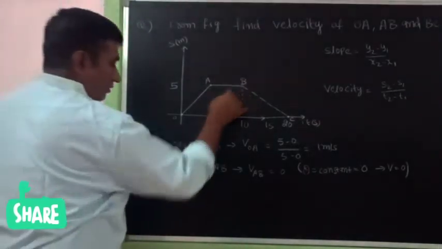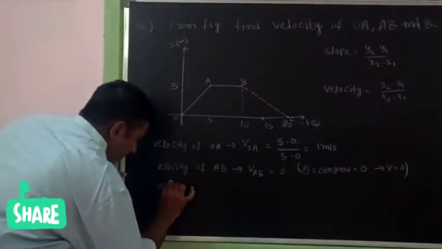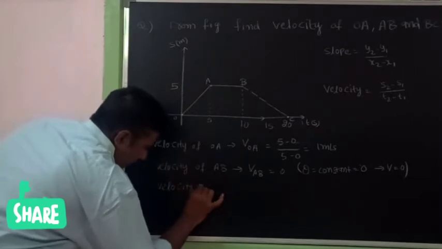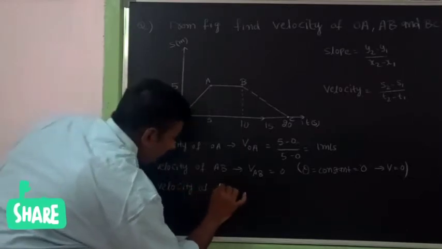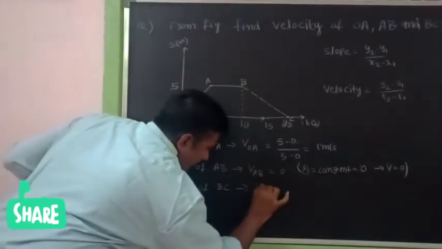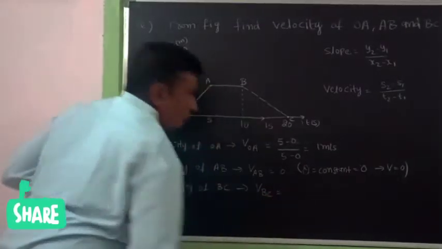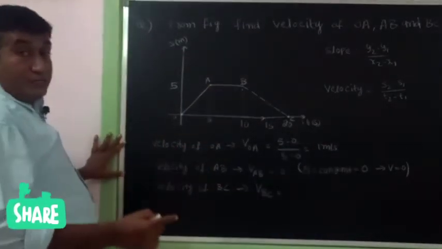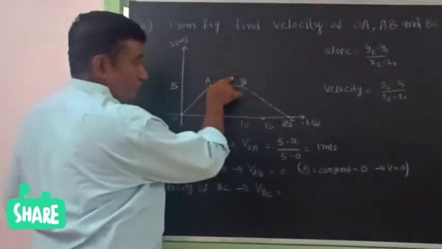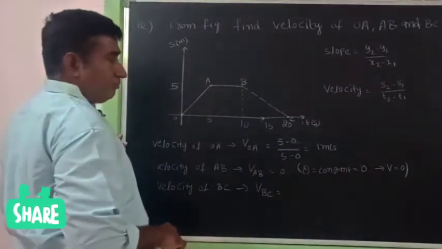Next, from B to C. Here you should not get confused: S2 minus S1 is final position minus initial position. So what is the final position?